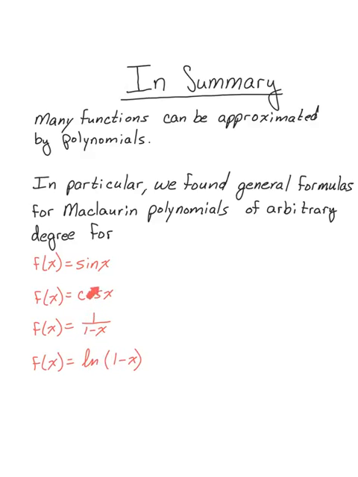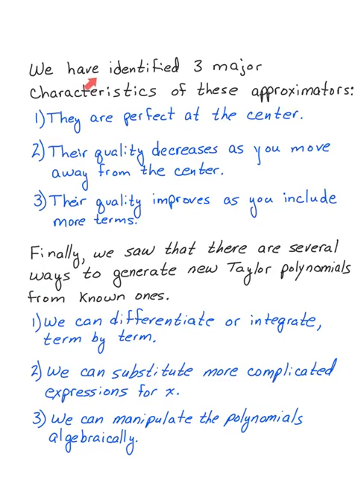Keeping in mind that we can modify any of these to get an infinite number of different polynomials. And we have identified 3 major characteristics of these approximators. Number 1, they are perfect at the center. So if it is a Maclaurin polynomial, then the center is going to be at x equals 0.